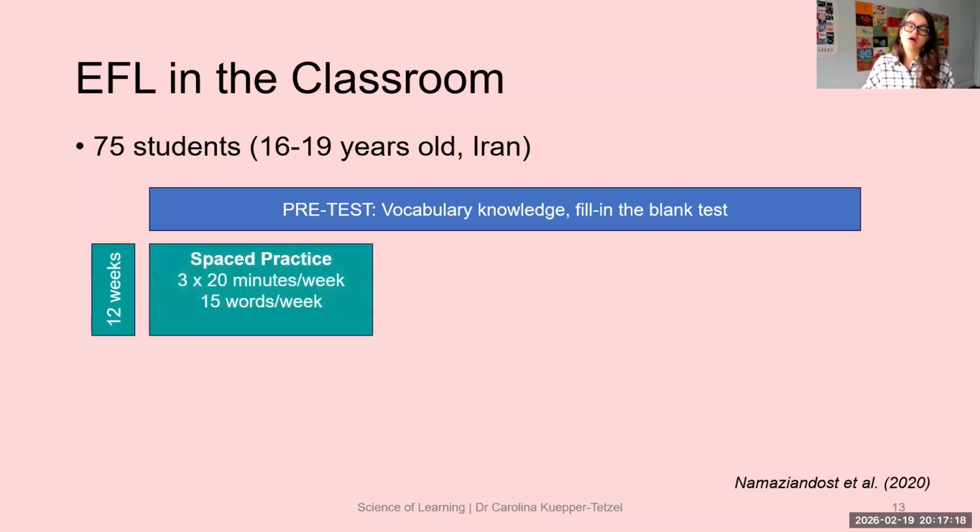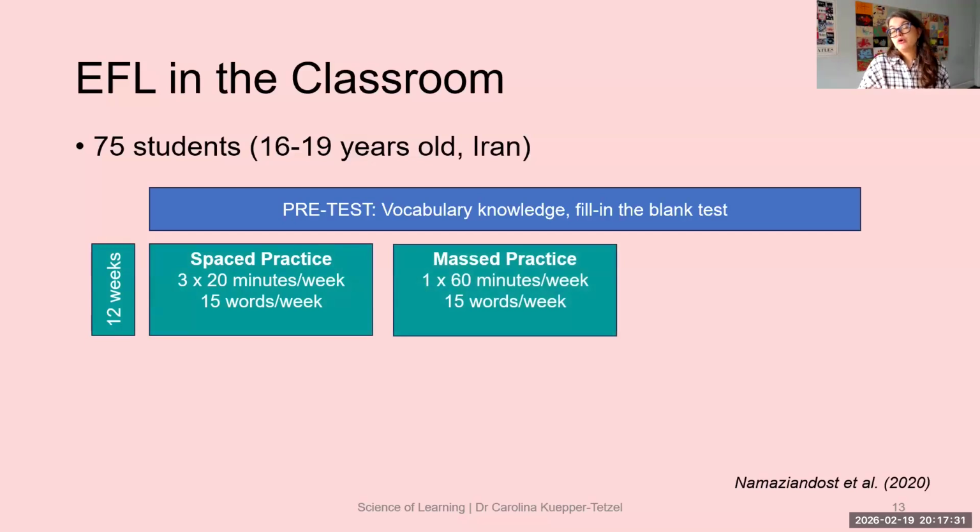The 15 words were either shown per week in a spaced practice condition, so 3 times 20 minutes per week, or it was once per week for 60 minutes. So that was the more spaced condition, and that was the more massed condition.